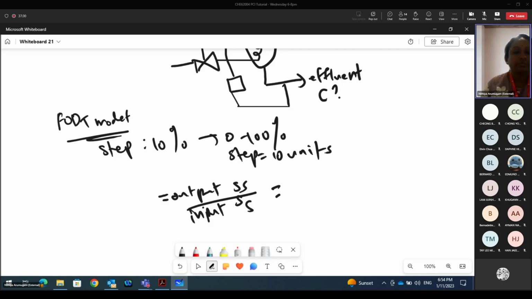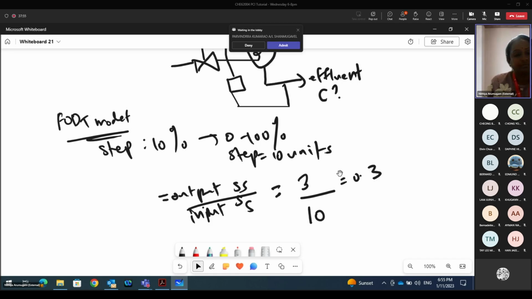The output from the 10% is 3 over the 10. Because for us to calculate the FODT, we need to calculate this first. So it will be 0.3.